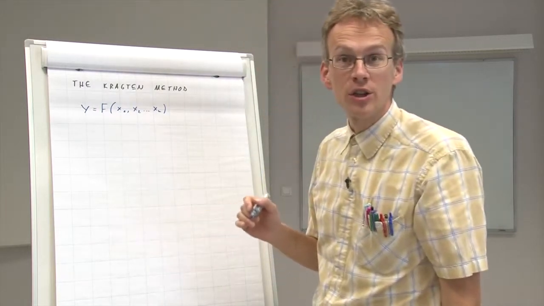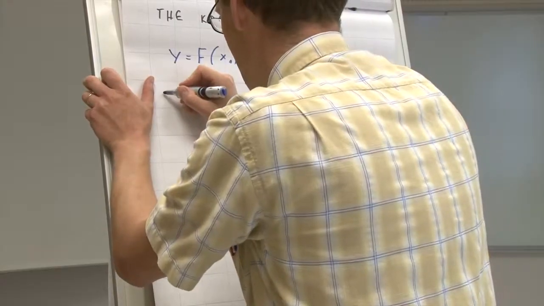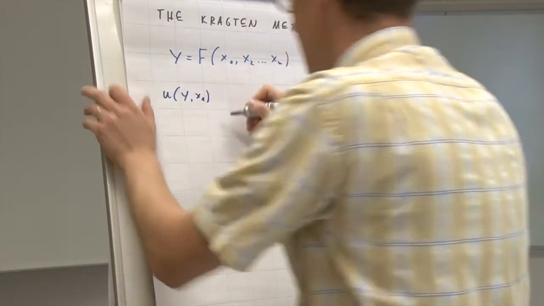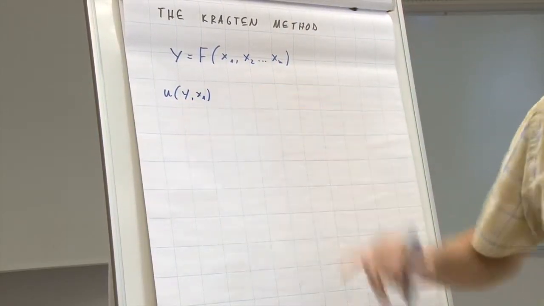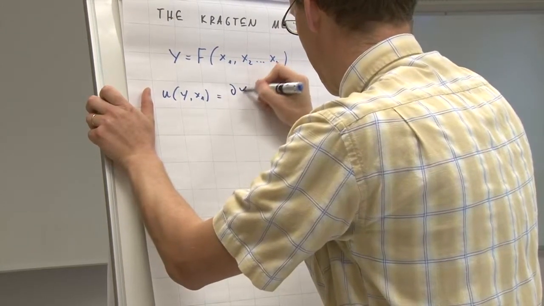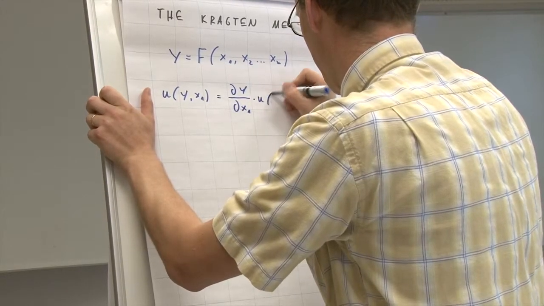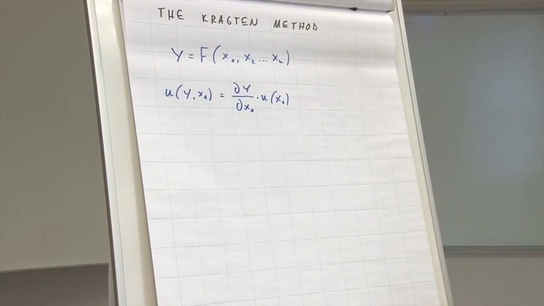So the uncertainty component reads like this. The uncertainty of the output quantity that is caused by this particular input quantity is calculated like this.